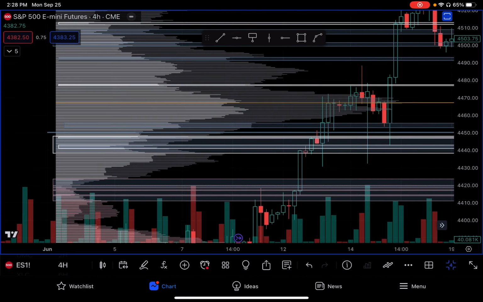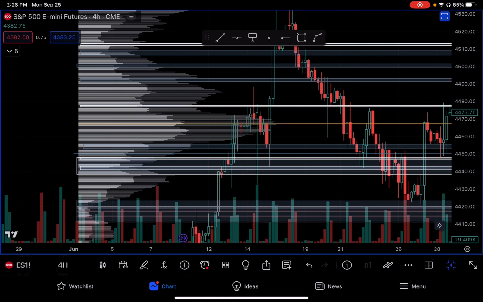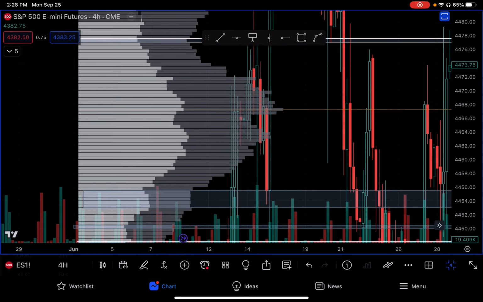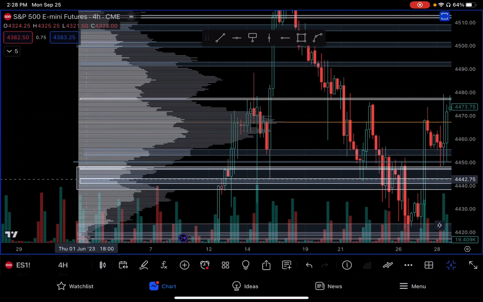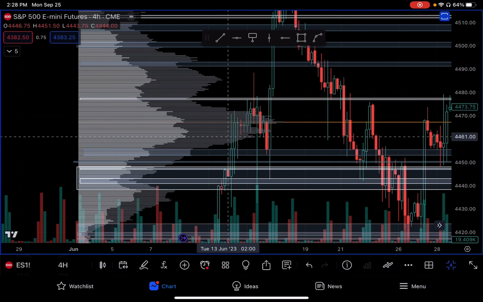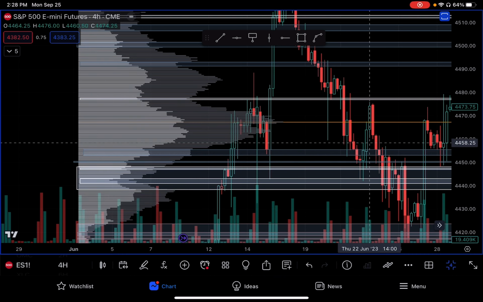And then one of the last things I like to do, which is not always apparent, but it is here, so it's a great example, is an LVN in the center of an HVN. What that will cause sometimes is price travels up, comes to here, bounces down, comes to here, ranges until it gets enough volume and boom, goes to the other side.